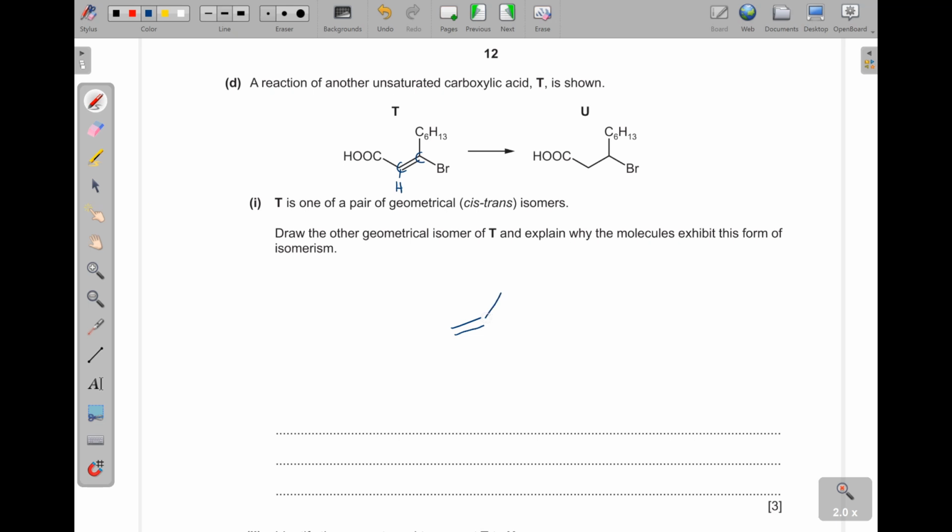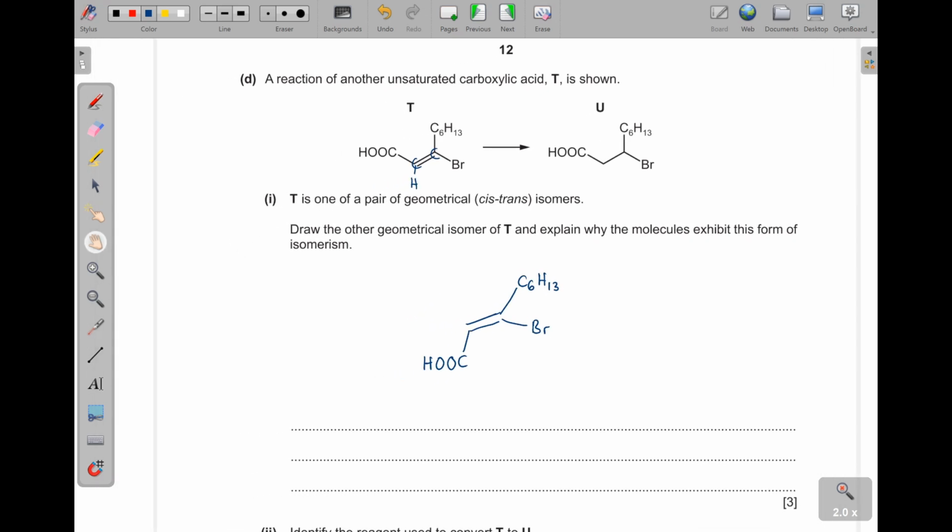Then I'll leave this one here, C6H13. Then this one is Br here. So my hydrogen is here, okay? But I'm not supposed to show that hydrogen. And then I will now put this COOH this side. Like that. That will be my trans, okay? This is cis. The first one here is cis, then this one is trans.